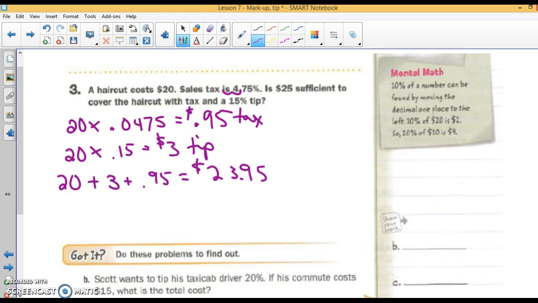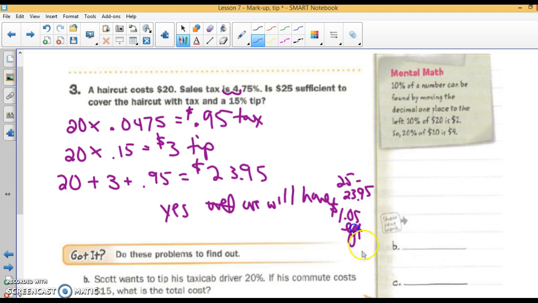So, is 25 sufficient? Yes. We will have 25 minus 23.95, $1.05 left. Okay. When you do this problem, or a problem like this, make sure you are figuring out tax and tip separately.